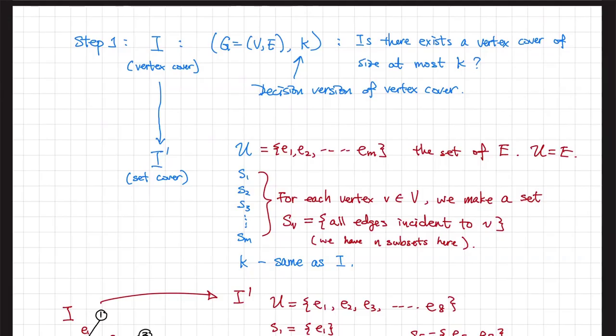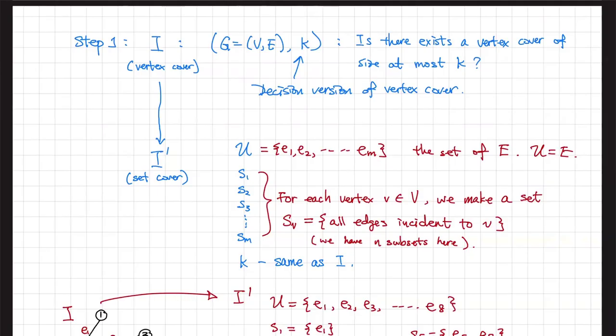Then we will have the subsets representing the vertices. For each vertex in the graph, we make a subset, where this subset will equal all the edges incident to that vertex, which means all the edges that connect to that vertex. Okay, then the k will be the same.